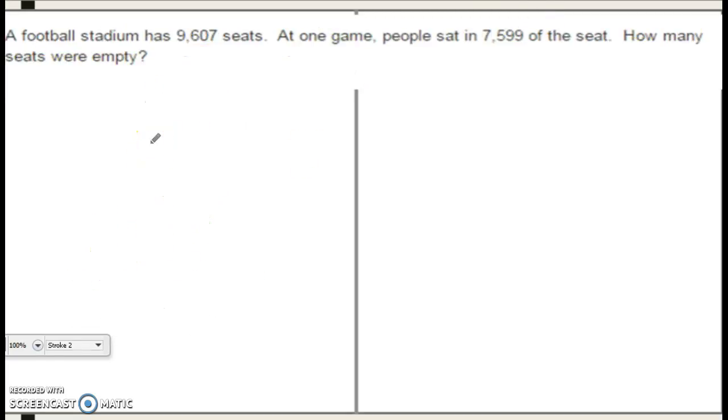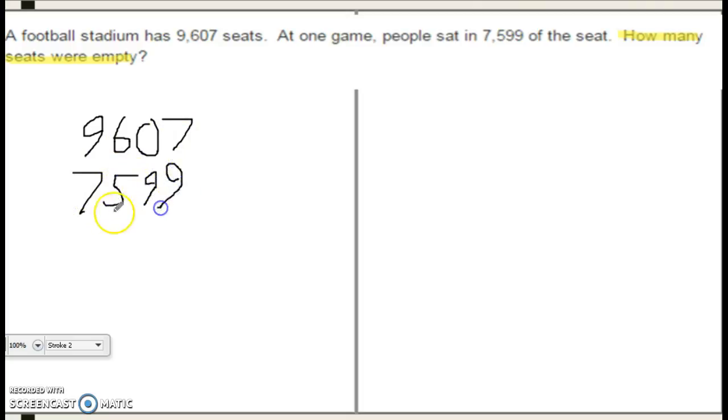A football stadium has 9,607 seats. At one game, people sat in 7,599 of the seats. How many seats were empty? We're looking for a difference. We're looking for the difference between these two numbers, which means we are going to subtract. Just like this.